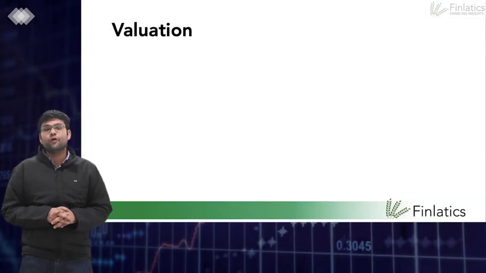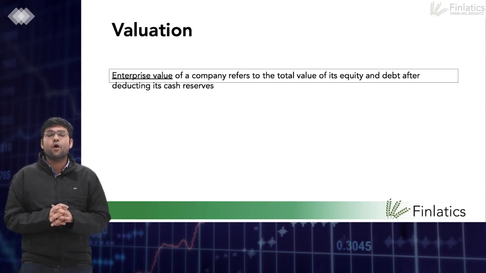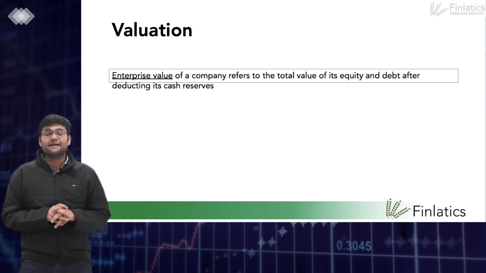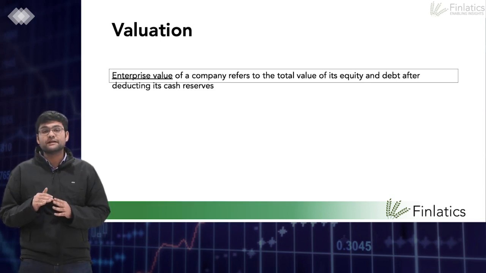Now, let us move on to the next terminology, which is enterprise value. Enterprise value of a company is arrived by adding its total equity and total debt and then reducing its cash reserves from this sum total.